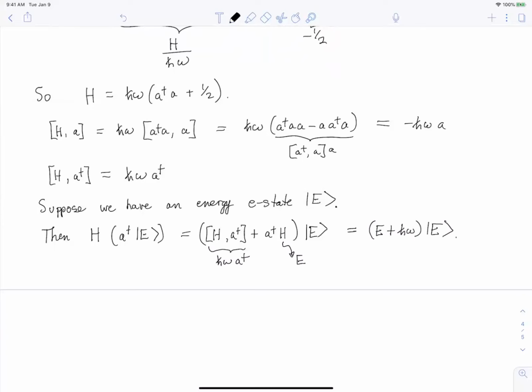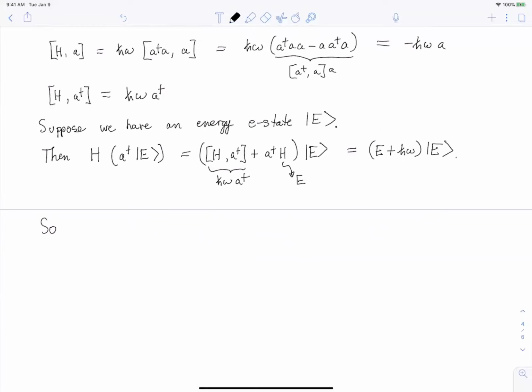Okay, now if I take E and I act with A dagger a bunch of times, what this shows is every time I act with it, I'm just going to be adding h bar omega to this expression. And so what do we learn from this more generally?